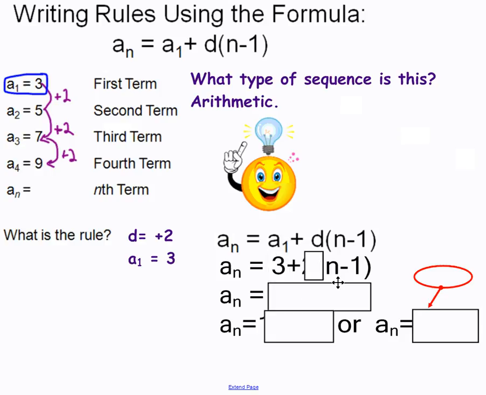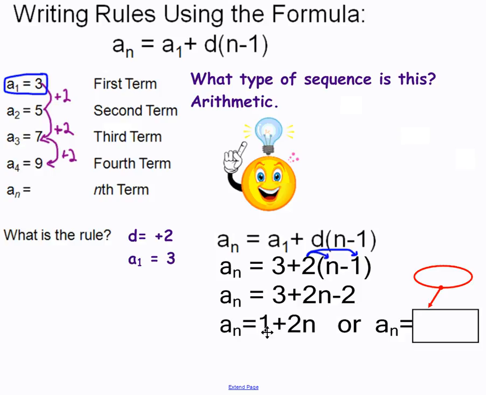My difference was positive 2. I'm going to use the distributive property and distribute those in there. So this is now 3 plus 2n minus 2. I simplify by collecting like terms, and I get 1 plus 2n.